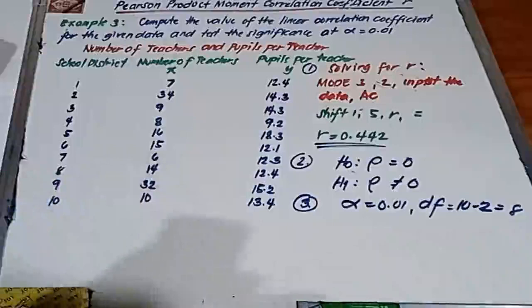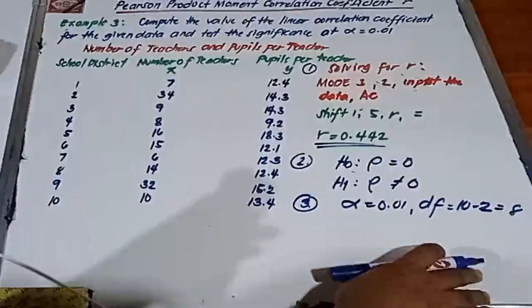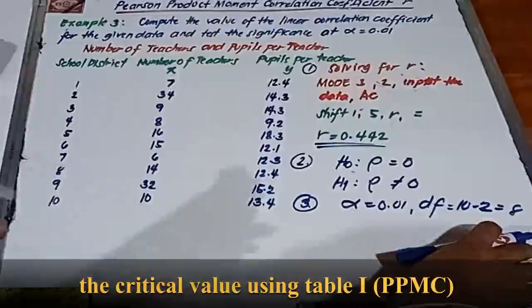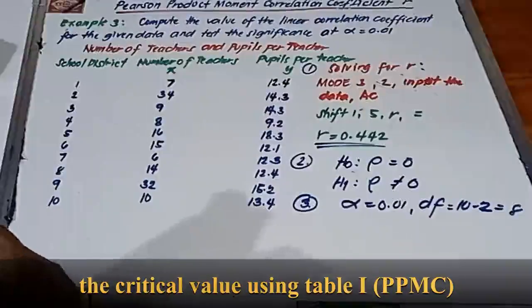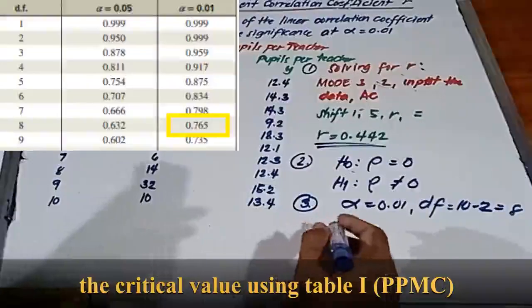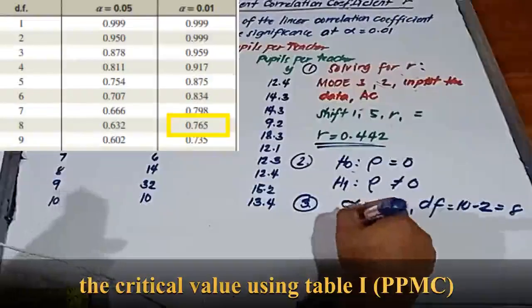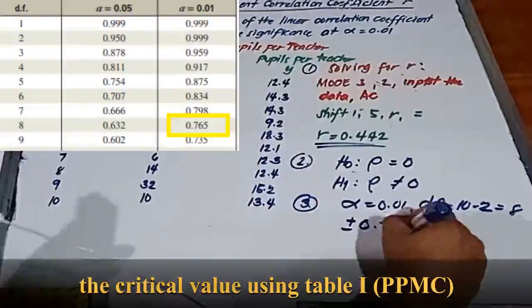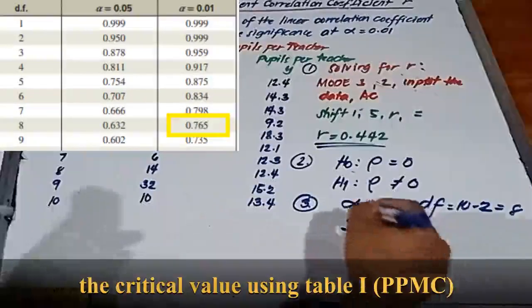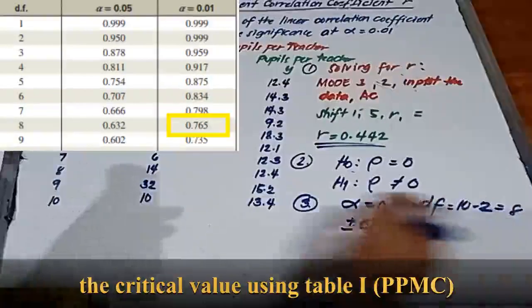Tingnan natin doon sa table I, yung value at alpha equals 0.01, degrees of freedom 8. So makikita natin sa table I may equivalent value of positive, negative 0.765.